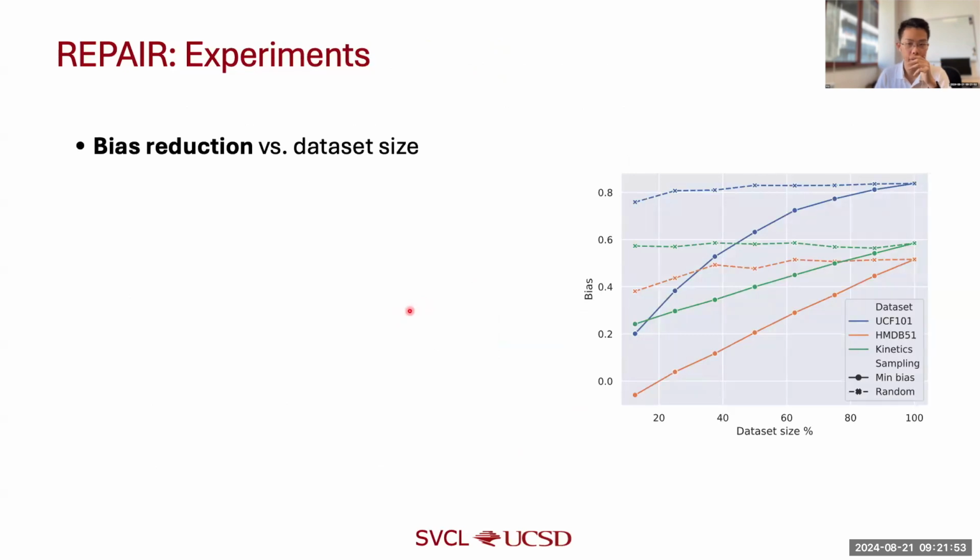So we tested REPAIR on 3 action datasets, UCF101, HMDB, and Kinetics. We measured the bias of the resampled dataset as a function of dataset size in the plot. As you can see, performing uniform sampling, as in the dashed lines, has very little effect on reducing the spatial bias because it does not change the underlying data distribution, which is the fundamental source of the bias.